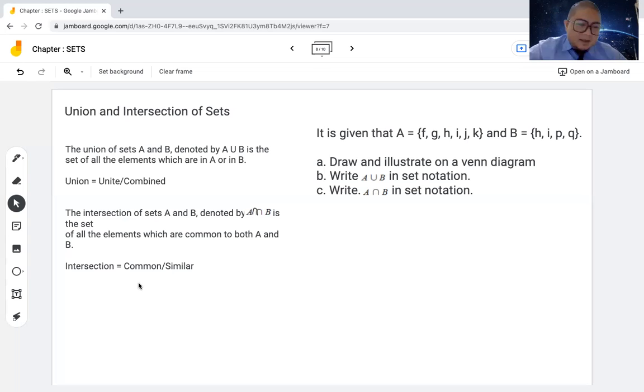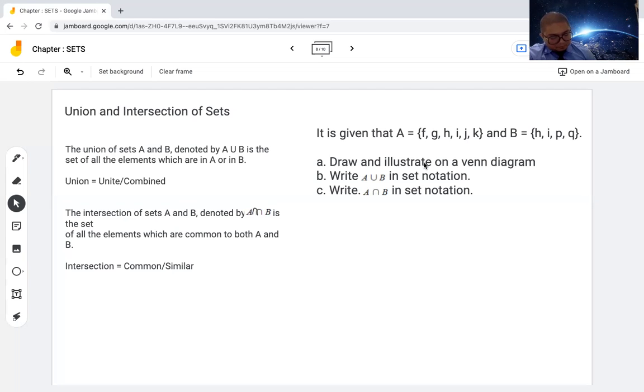Let's say, for example, we have this kind of problem, and it says that A is equivalent to elements F, G, H, I, J, K, and B is H, I, P, Q. Draw and illustrate on a Venn diagram. Looking back to what we have learned last time, these are two given sets, and we don't have any universal set, which means that these sets are going to be illustrated in a circle.